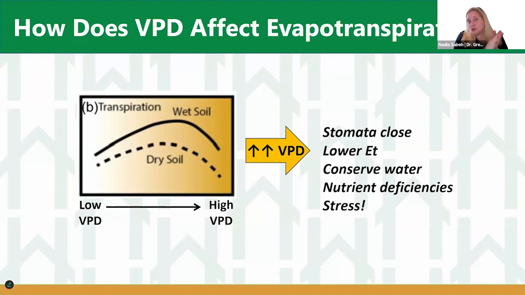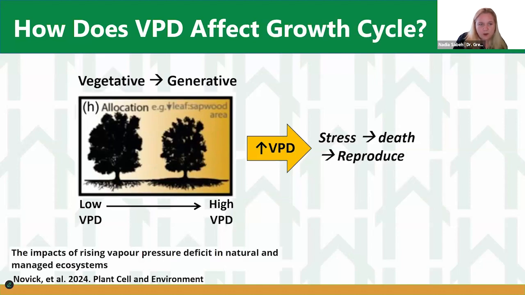Well, now it could actually just close the stomates altogether, which of course is going to cause nutrient deficiencies and reduce that transport process. And your plants might wilt also if it's a very high VPD, even if you're providing it enough water.